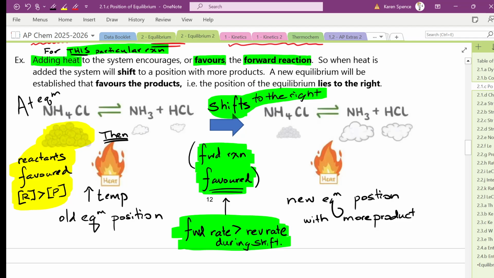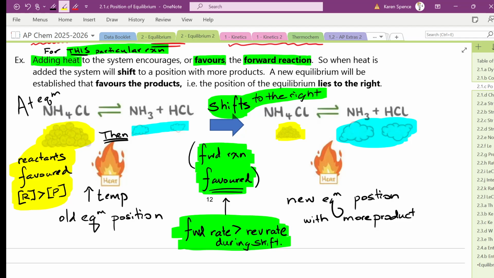In other words, we are making more product. Right? We started out with a small amount of product. We started out with a large amount of reactant, and we're finishing with a small amount of reactant and a large amount of product. So we shifted to the right.